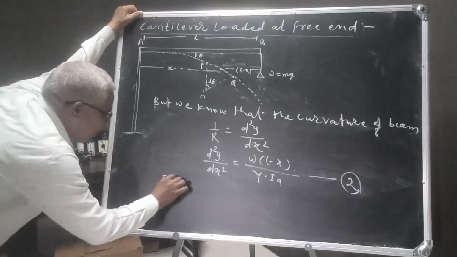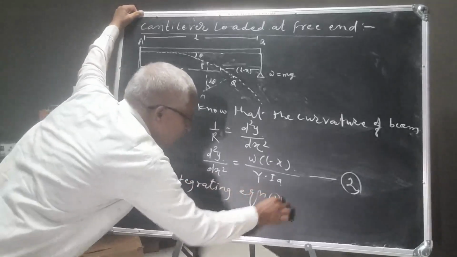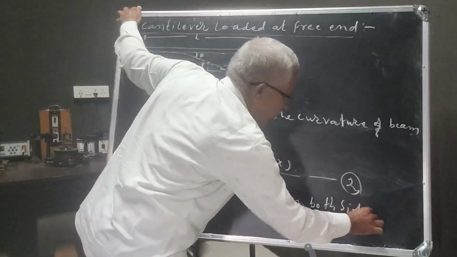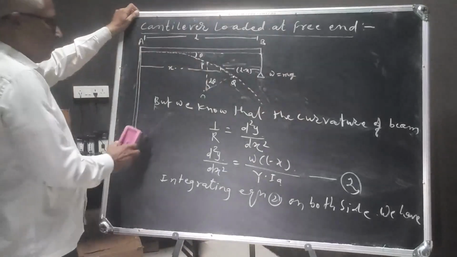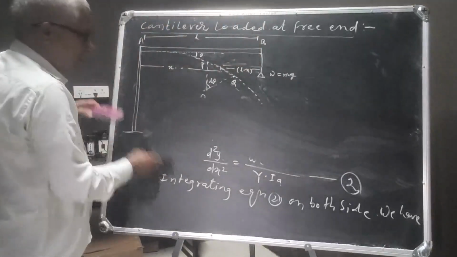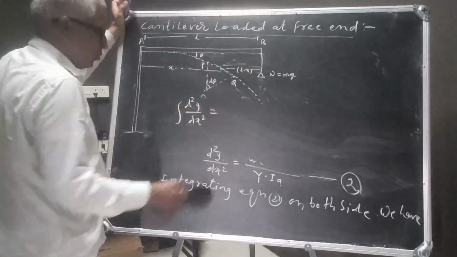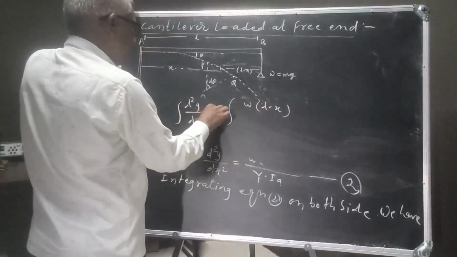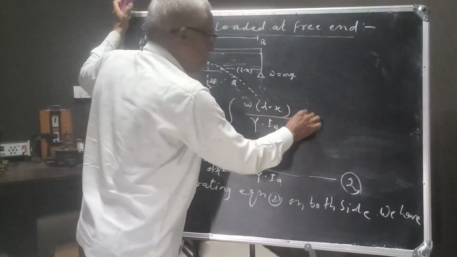Integrating equation 2 on both sides, we have the integration of d2y by dx square equals the integration of W into (L minus x) upon Y into I_g into dx.